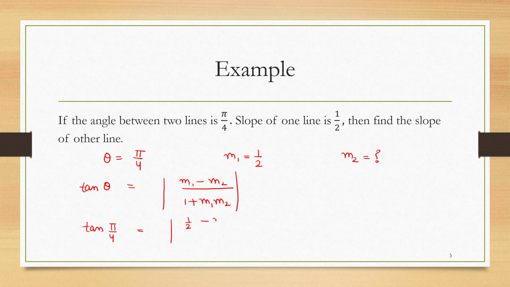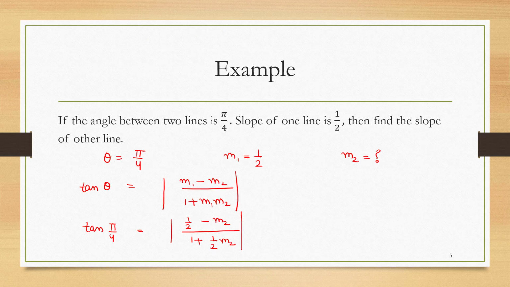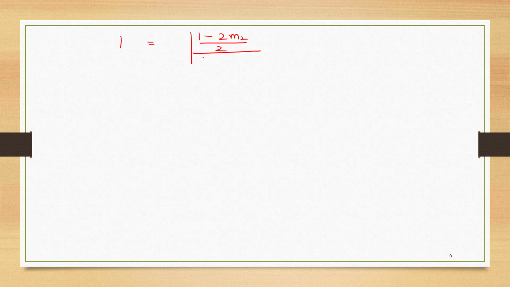m1 is 1 by 2, m2 we don't know. 1 plus m1 m2, where m1 is 1 by 2, again m2 we don't know. So tan pi by 4 is 1, that is equal to mod of, when we solve the numerator we get (1 minus 2 m2) by 2, divided by the denominator, which becomes (2 plus m2) by 2.